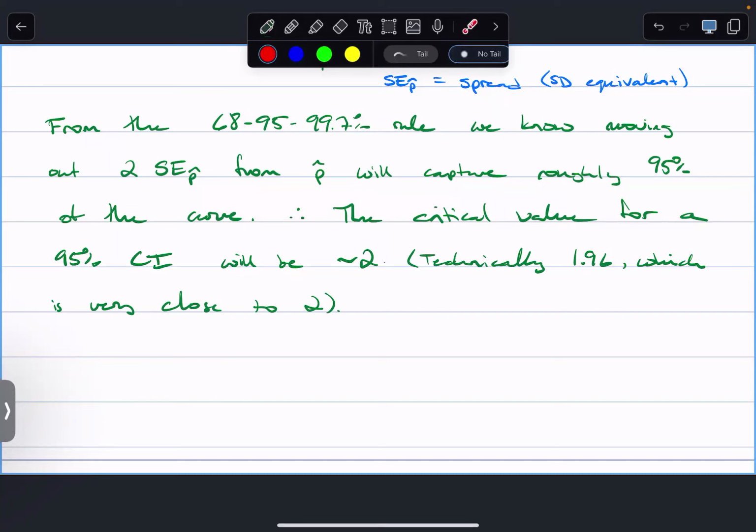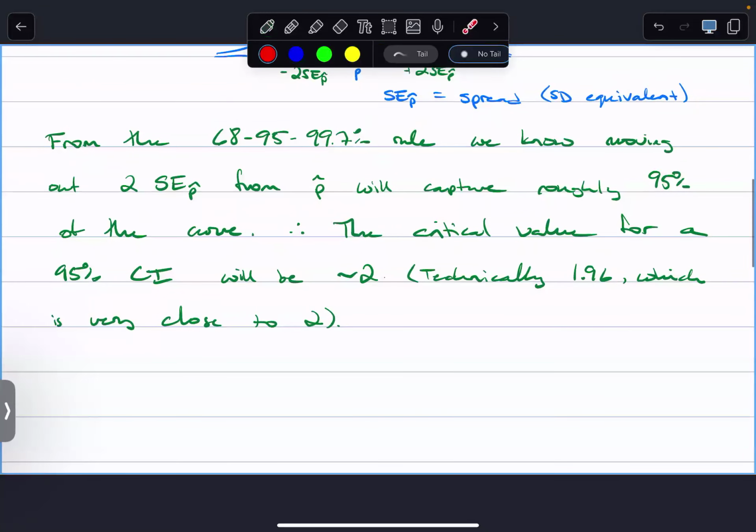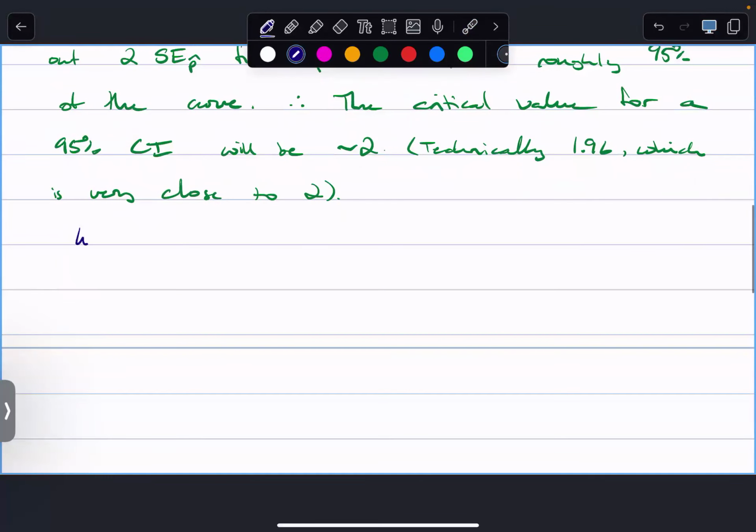So for us, we can focus on 95% confidence intervals and totally get away with it, because the 95% confidence interval is the default.